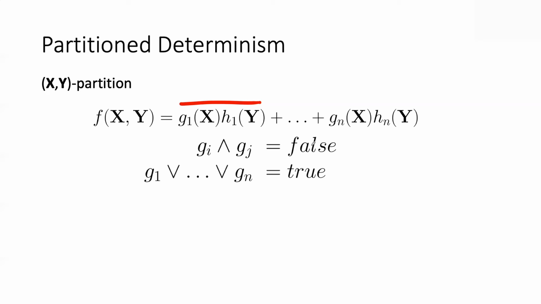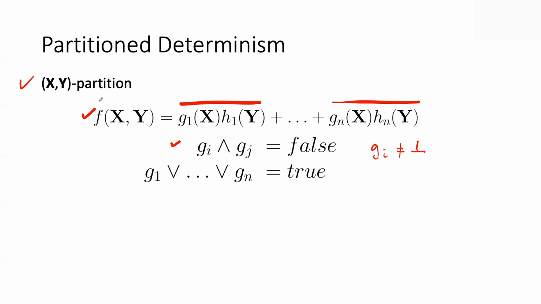Because then every element like this or that will be conflicting the minute I have this. But I'm not going to stop there. I'm also going to want these to be exhaustive, and actually none of them can be true, it can be false. That's the requirement. And when I have something like this, I will say I have an XY partition of the Boolean function f, okay? And that is going to be the basis of SDDs.